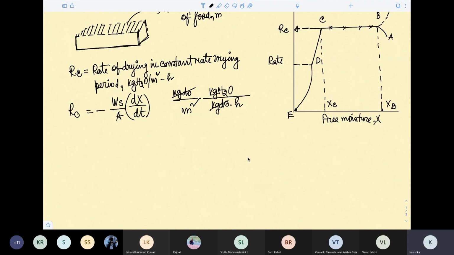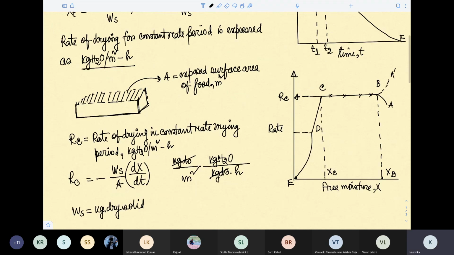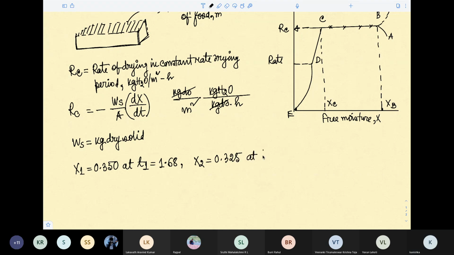All right. Ws is the kg dry solid. Let's say here are x1 and x2. Let's say x1 equals 0.350 at T1 equals 1.68, and x2 equals 0.325 at T2 equals 2.04 hour.